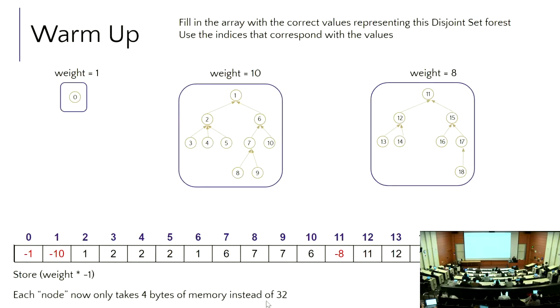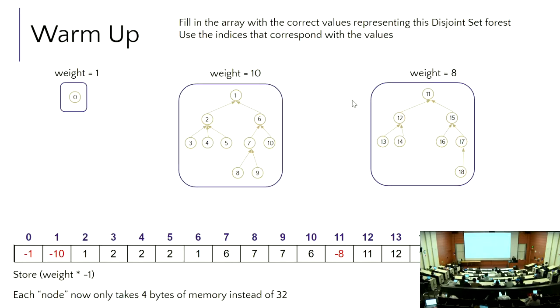Oh yeah, this is a fun little one. Technically, ints only take 4 bytes of memory. The operating system specifically optimizes for them. So not only do we get constant time lookup and put because we're using an array, we are actually using less space in the computer to store just these ints in an array than if we were to store an object with an int field and another parent field, et cetera.